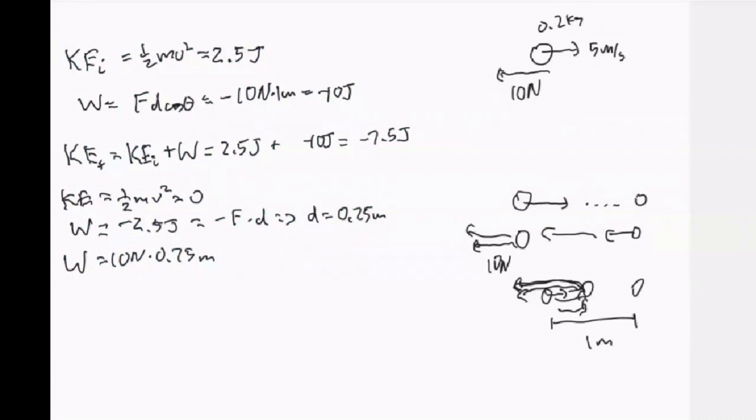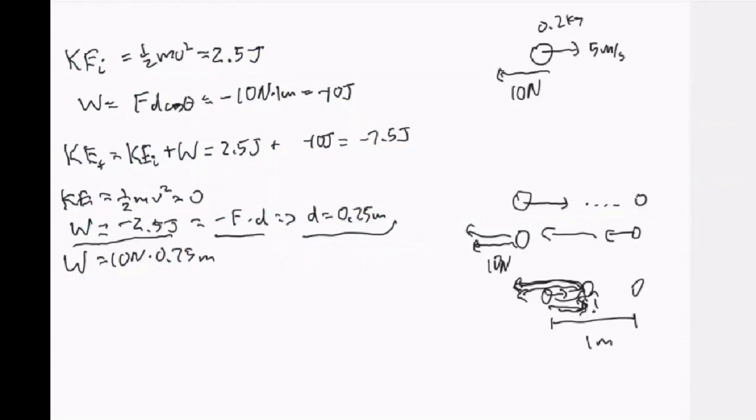Okay. Basically, what happened there is, if you do the work, the final kinetic energy at this point will be 0. So we can use that to find the work that we would have done to get to this point. And if we set that equal to the force times the distance, we will get the distance to this point, which is 0.25 meters.